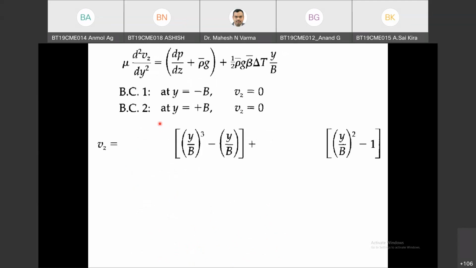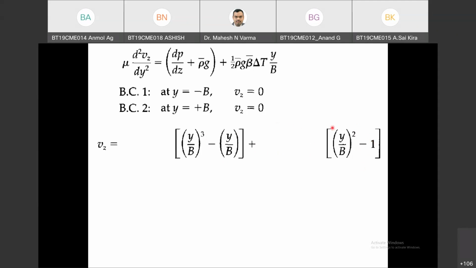Get the velocity profile of this nature. Integrate this equation twice, so you will get two constants. Get the values of constants C1 and C2. Rearrange the equation in this form: one bracket will be y minus b cube minus y minus b, plus another bracket will be y minus b square minus 1.